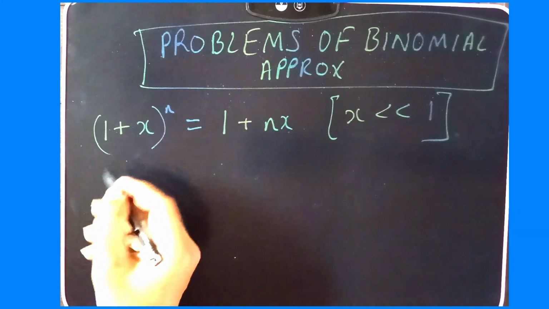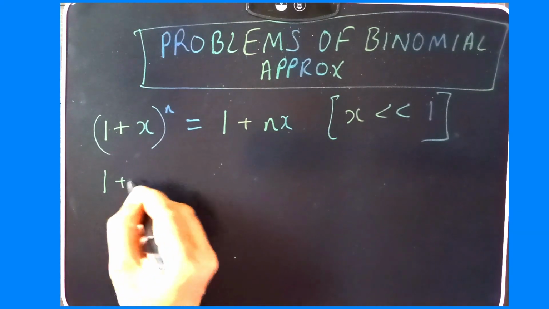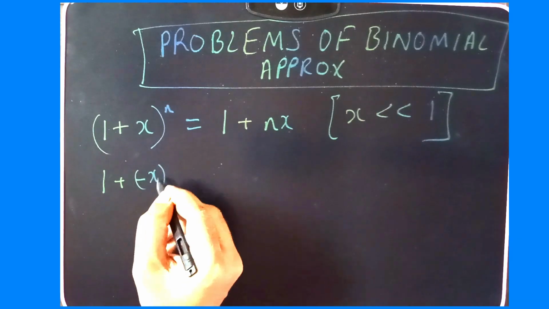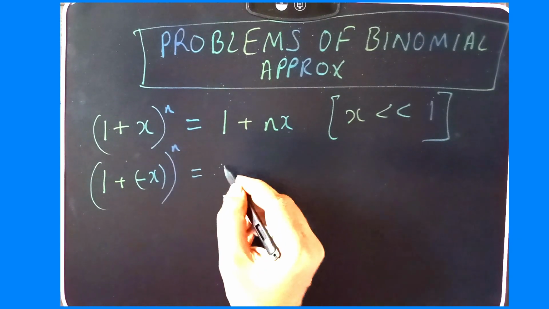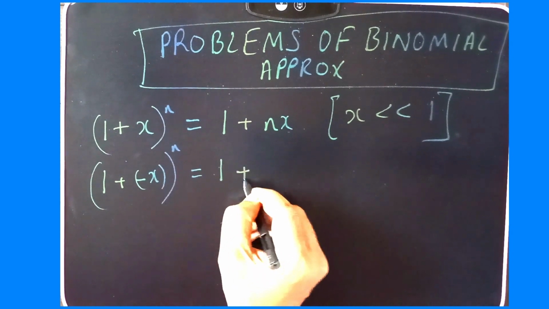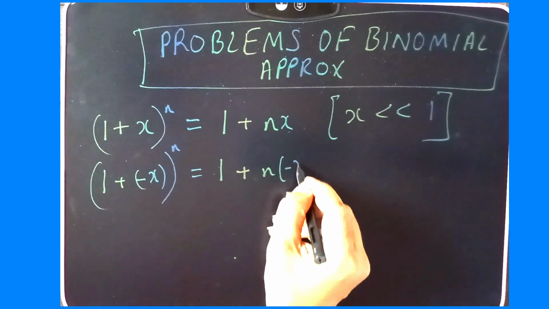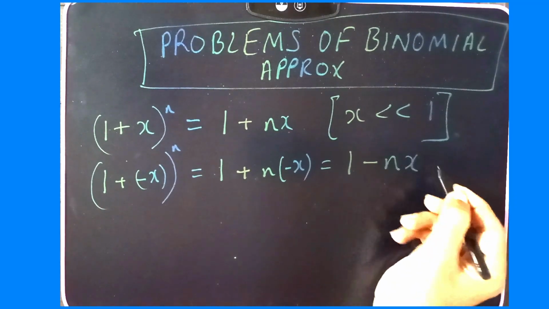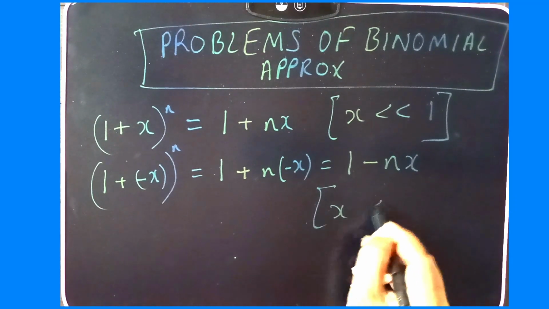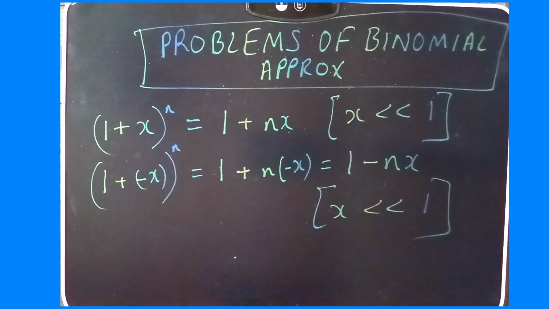Another way of writing it, basically 1 plus minus x raised to power of n, then this will become 1 plus n times minus x, so it will become 1 minus nx, provided x is very less than 1. So we'll take some problems now.